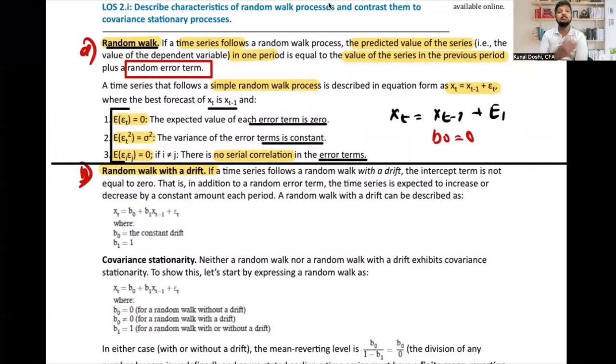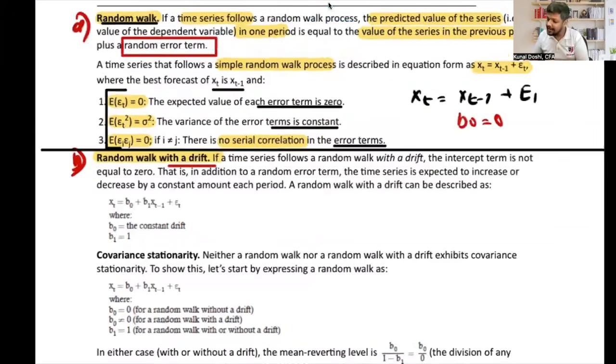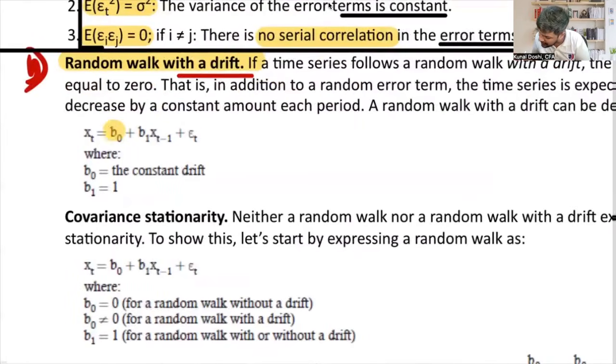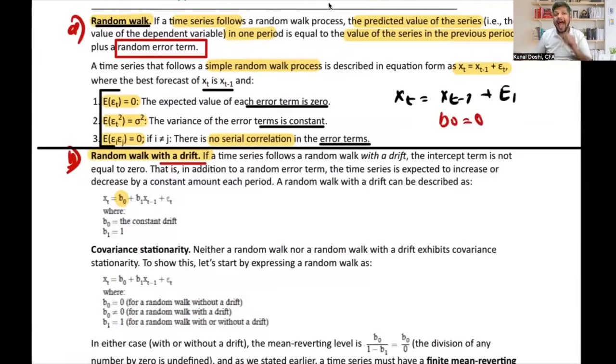If B0 is equal to 0, then the value of xt is equal to just the value of xt-1, correct? But when I say random walk with a drift, you will notice that along with the rest, you will now have B0 also, and B1 equals 1. In the previous case there was no B0, but now B0 does exist.